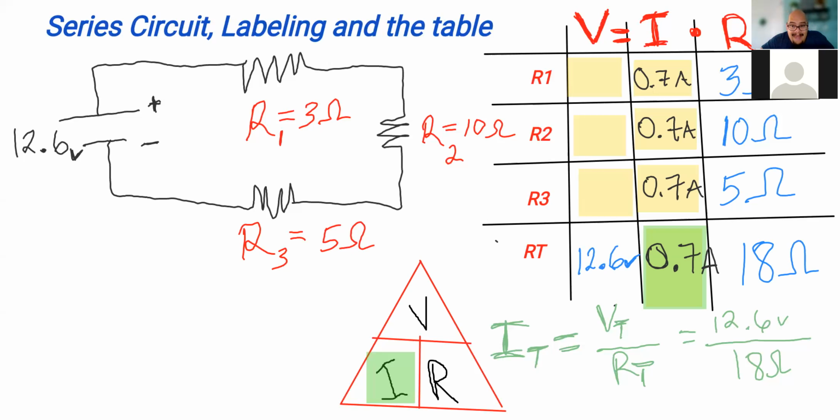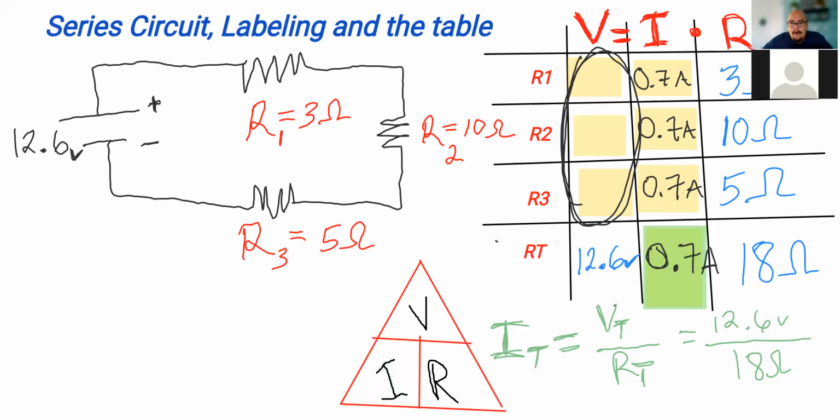Now we're able to do the rest of the voltages. So now we're able to find the voltage drops, which will be here. We'll be able to find the voltage drop for voltage 1, voltage 2, and voltage 3. And how do we do that? Well, let's look at our trusty triangle diagram.